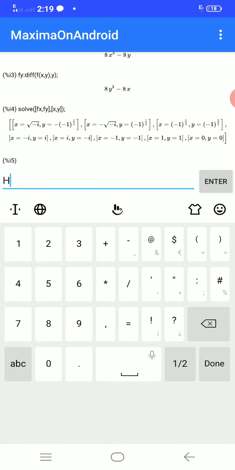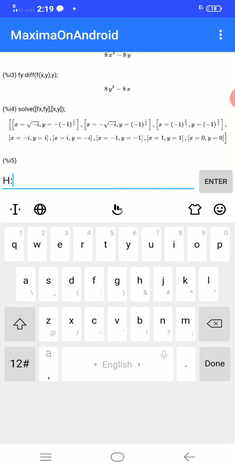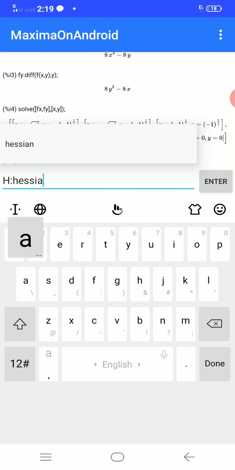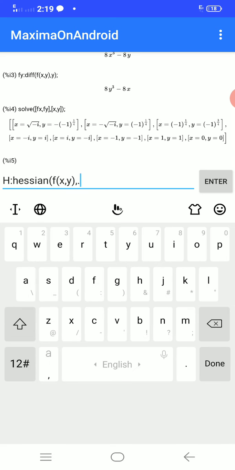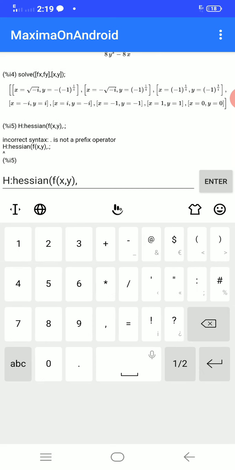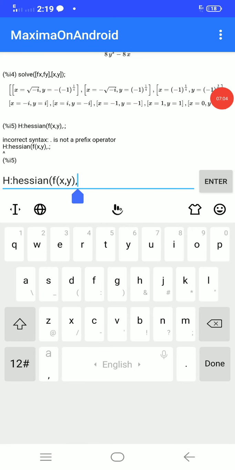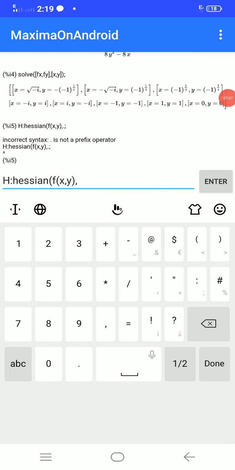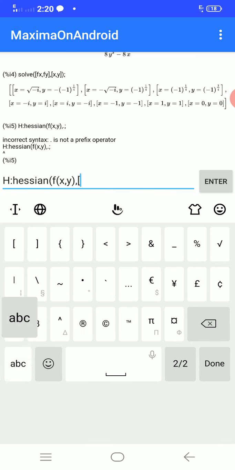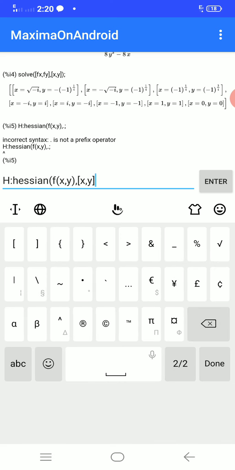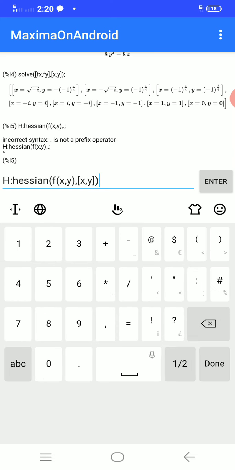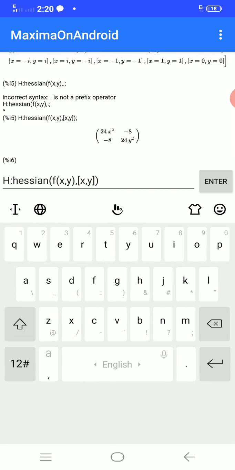We use capital H for Hessian, using the syntax Hessian of function f of x comma y, bracket complete, comma, in bracket, x comma y, bracket complete, then enter. So we get the value of H.